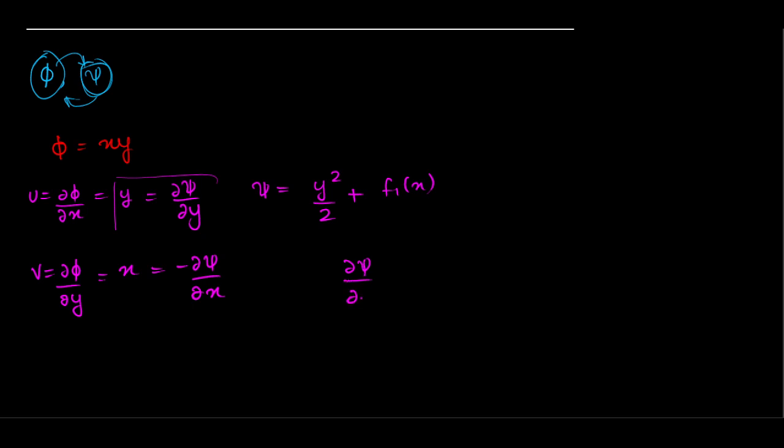So del psi by del x gives f1 dash x with a negative sign, because I'm going to calculate the negative. So minus f1 dash x will give us x, and therefore we'll have f1 as minus x square by 2, and of course there'll be a constant.